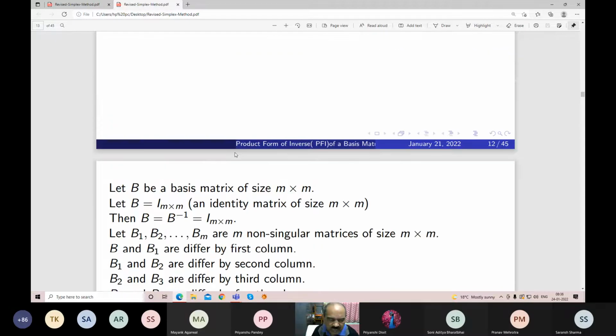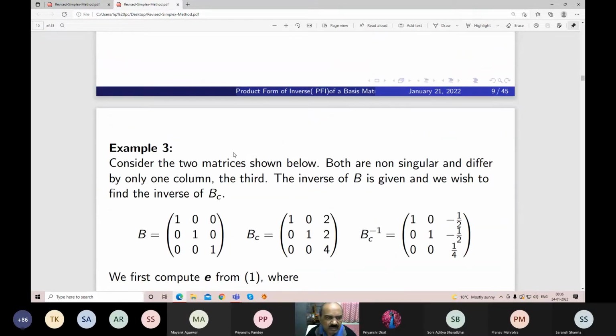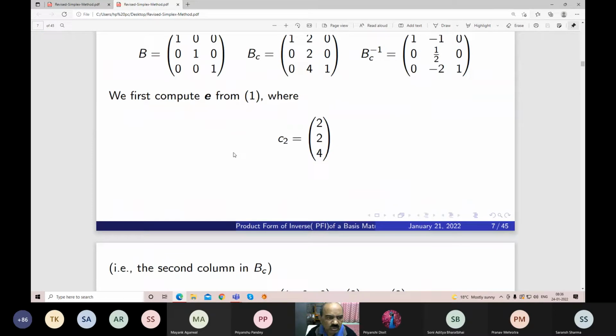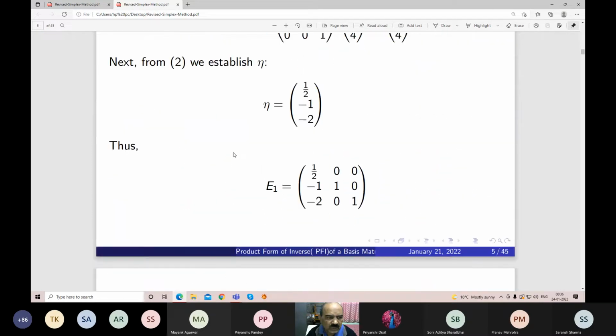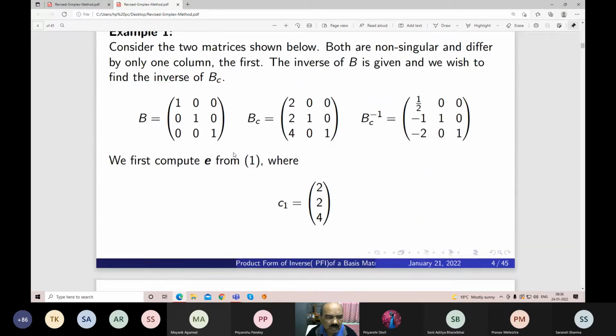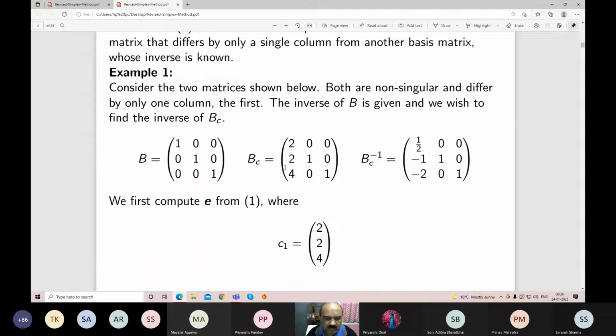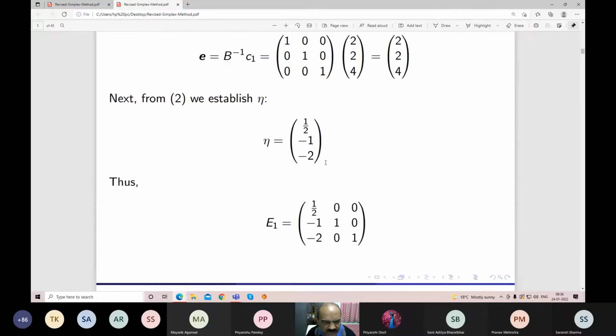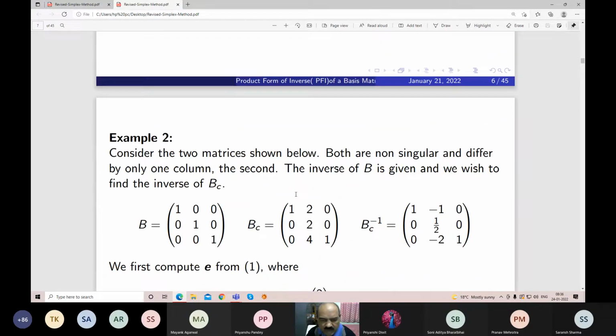In the examples I have taken here, example 1, 2, 3, is BC a singular matrix? We computed the inverse. Is it a singular matrix? Yes or no? It is non-singular in example 1. In example 2 also, it is non-singular.